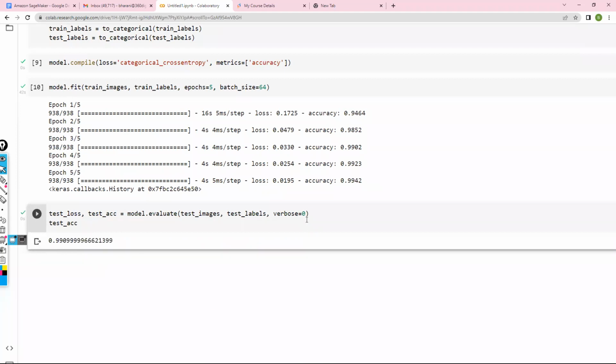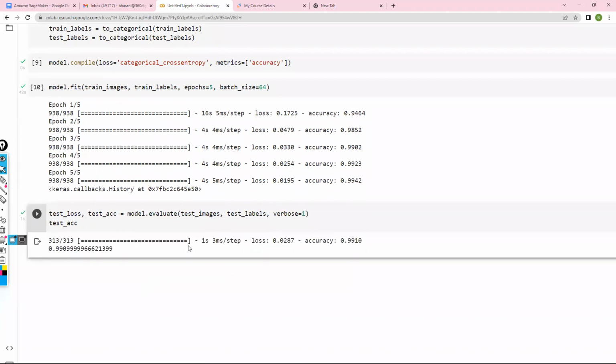It won't show you anything else. When you say verbose equal to 1, it will show you the status bar. If you say verbose equal to 2, it would give you additional information. Okay, that's it. How much time is it taking, minutes and all that, seconds. Okay, it took 2 milliseconds. So fine. That's how we run it.